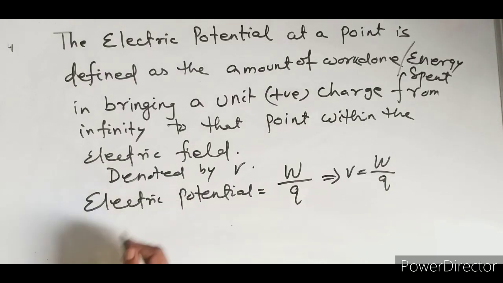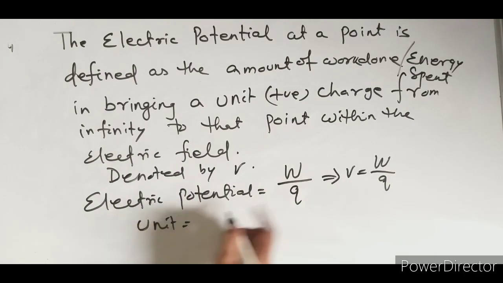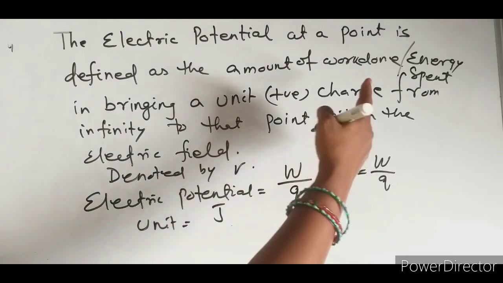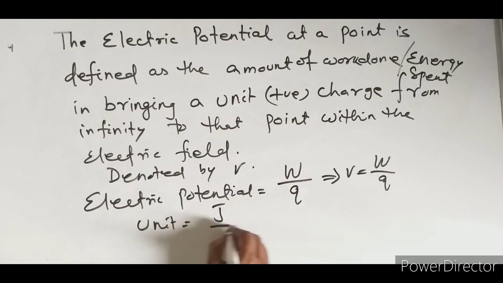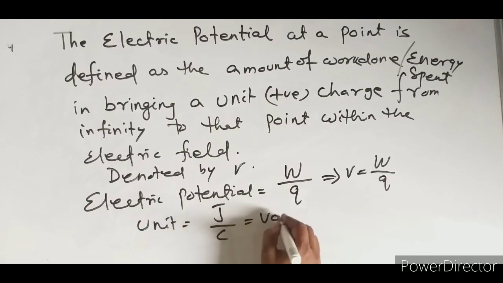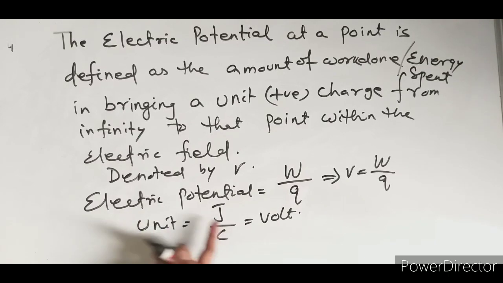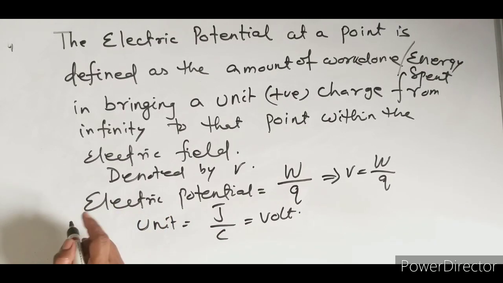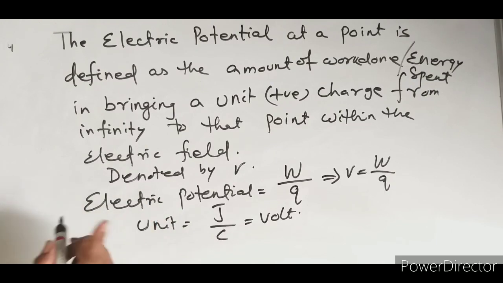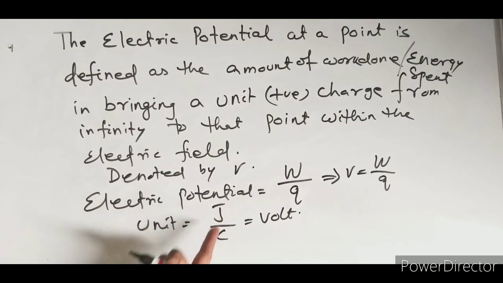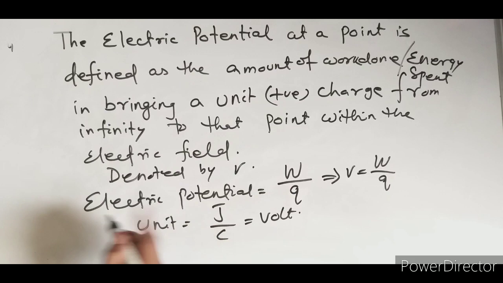So what will be its unit? Work done is joule, energy spent is joule, divided by charge, which is coulomb. So this can also be represented as volt. Usually a question is asked to students in class: what is the name of the physical quantity whose unit is joule per coulomb?